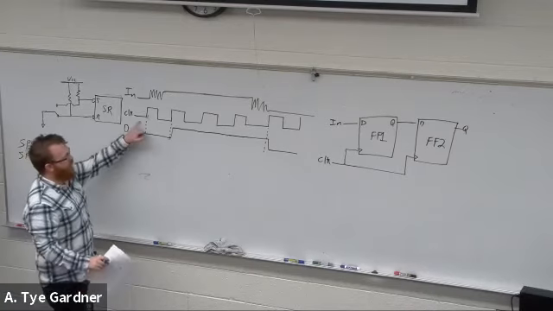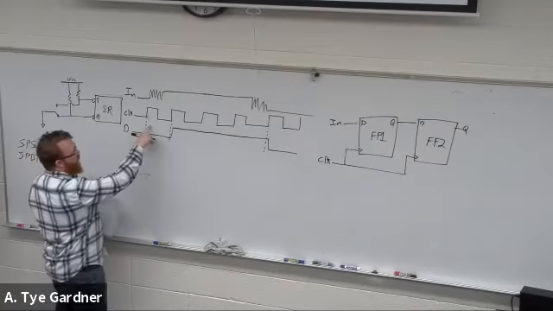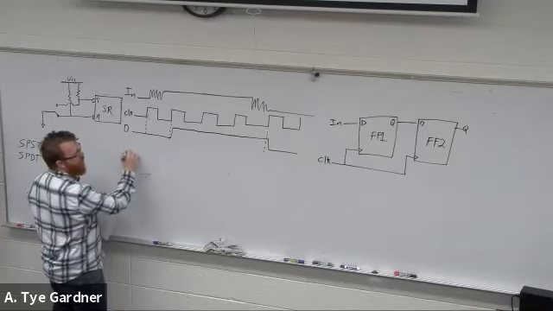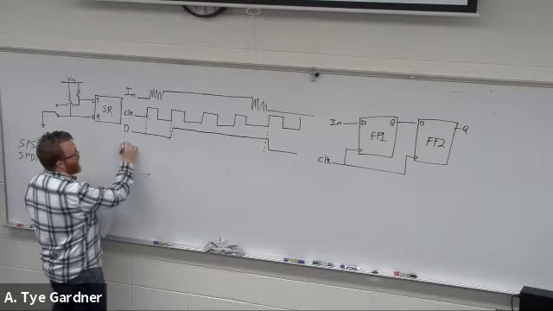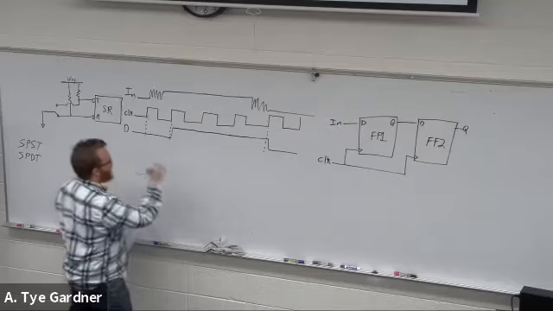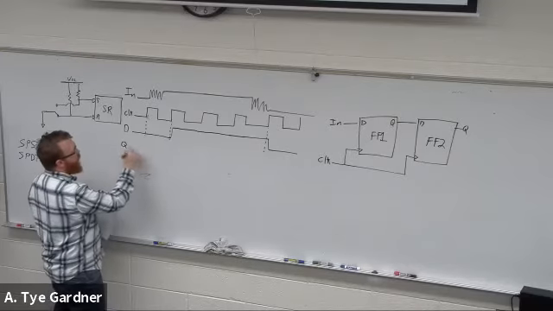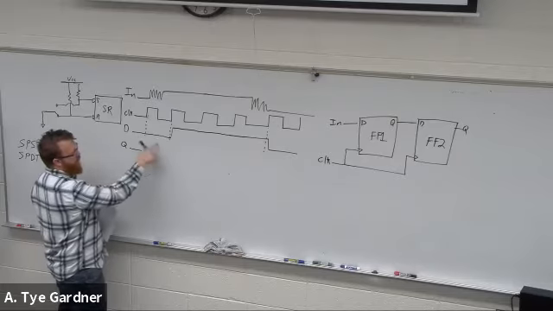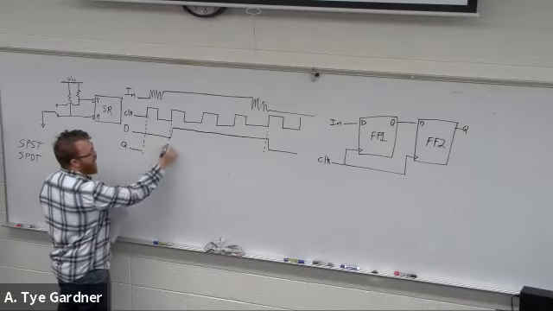Well, if I have the rising edge of a clock here, labeled Q, so let's go ahead and call it Q. Say it starts at 0. At the rising edge of the clock, it's looking at D, but it's triggering at these same points.